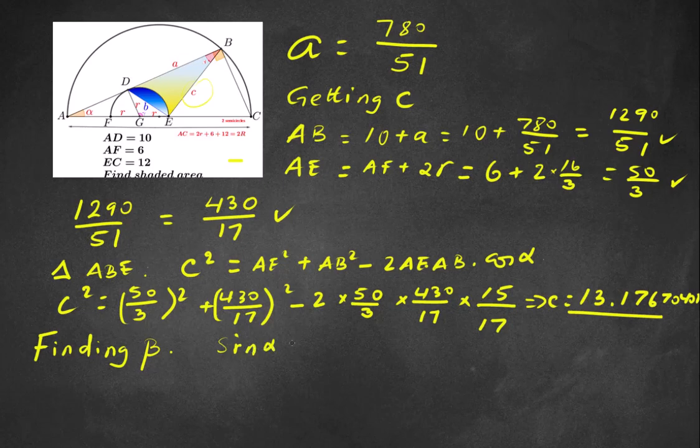Looking at the small picture ADG, you know sine alpha is equal to 6 over 6 plus R, which is equal to 6 over 6 plus 16 over 3. So sine alpha is 8 over 17.